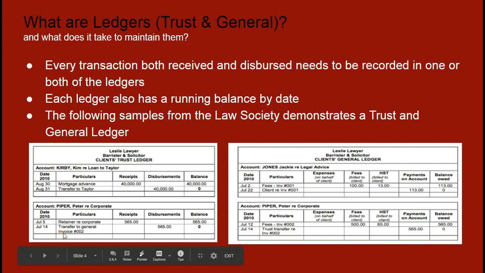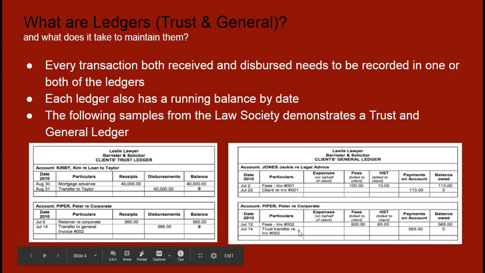And on July 14th, you did a trust transfer equating to that amount of $565 that you generated for Peter Piper, and you removed it from the trust account. It was disbursed from the trust account, and now it entered the general account on that same day.